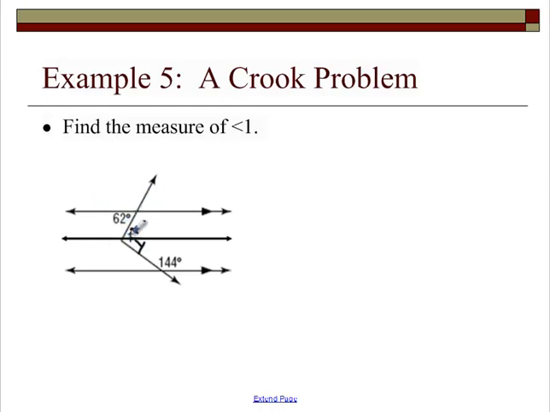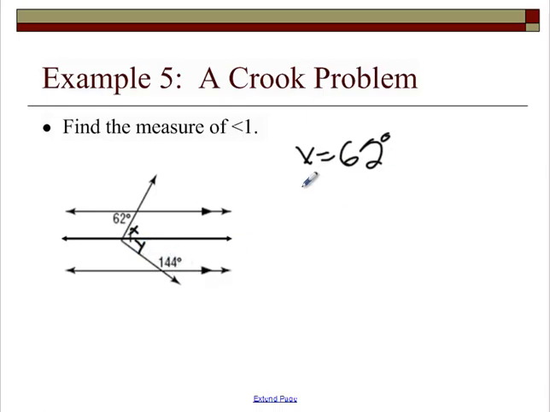Now take a look at where x is. X is on a parallel line with a transversal up here. 62 and x are alternate interior angles, which means x is 62 degrees. Look at where y is. It's on the right side of the transversal, so is 144. So they're same side angles, and they're both on the inside.